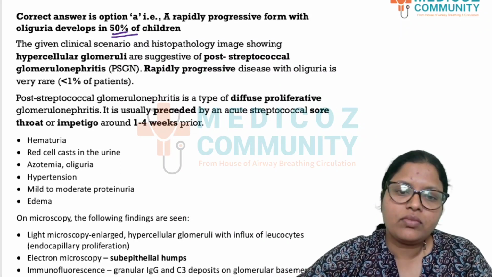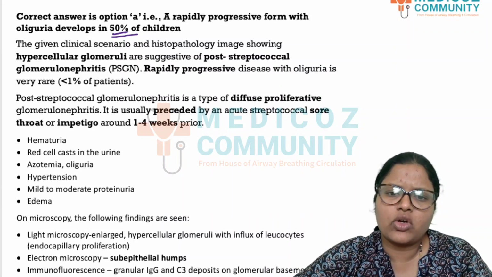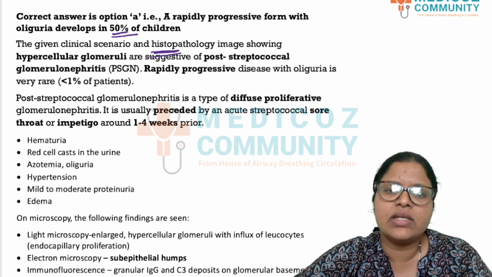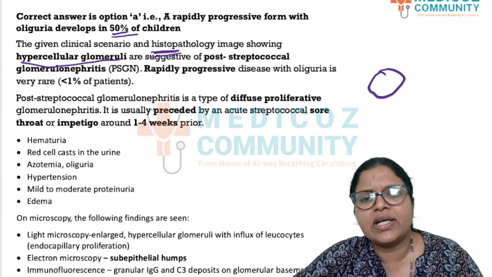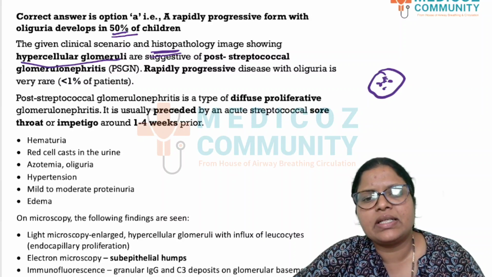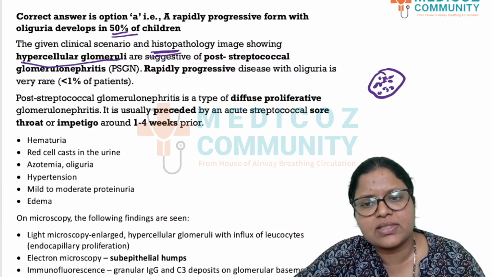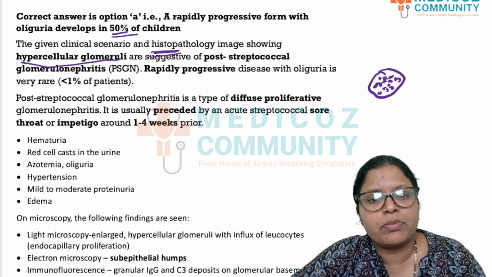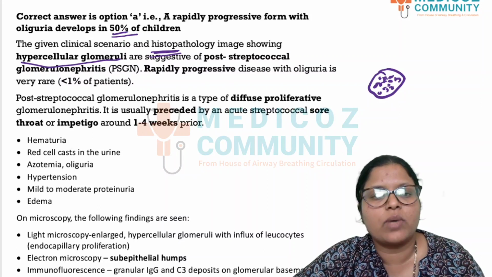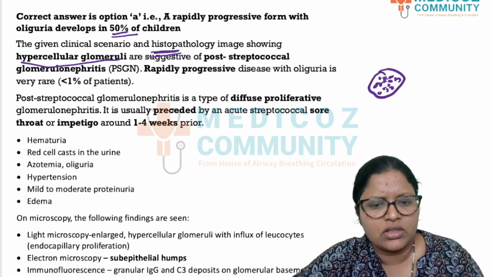Now, on histopathology, what do you see? You see hypercellular glomeruli. Why do the glomeruli appear filled up? Because there are these subepithelial deposits. So they appear hypercellular. Rapid progression with oliguria is seen in 1% of the patients.